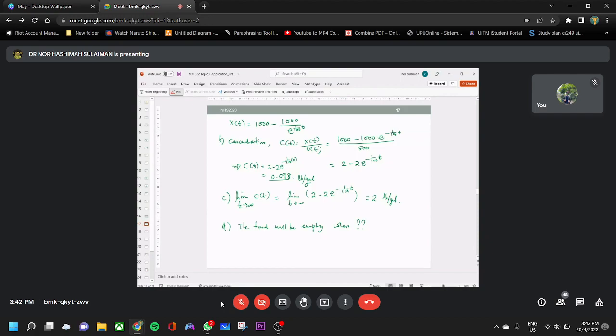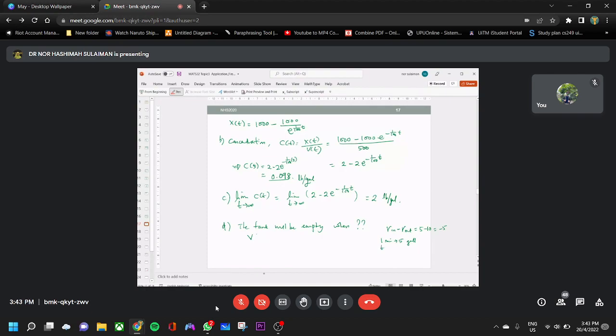Tengoklah volume. Okay, apa jadi dekat volume at time T? Okay, kita tengok dulu. R in minus R out berapa? Negatif 5. 5 tolak 10 tolak 5 kan? Maksud dia berkurang sebanyak 5 gallon per minit. Maknanya 1 minit, 5 gallon.